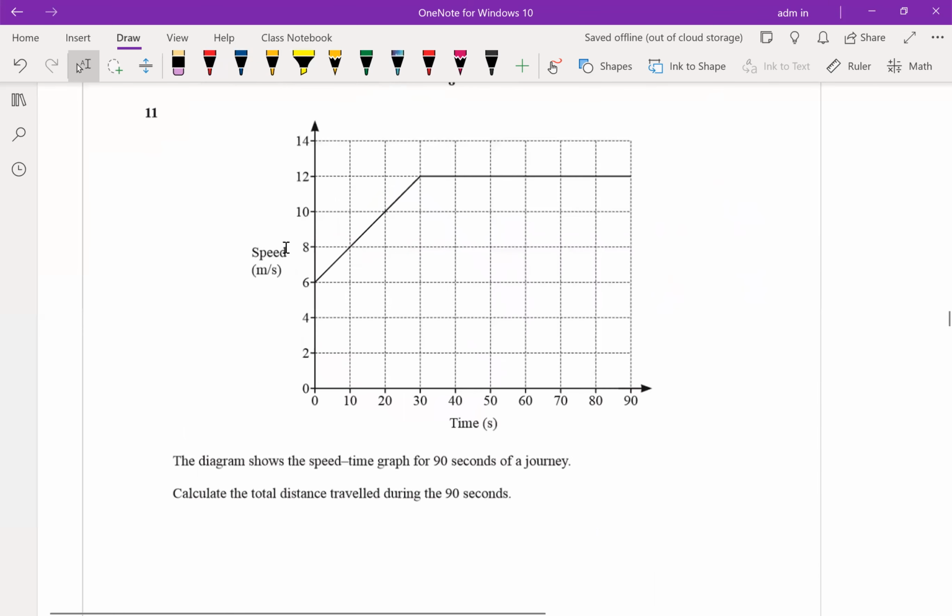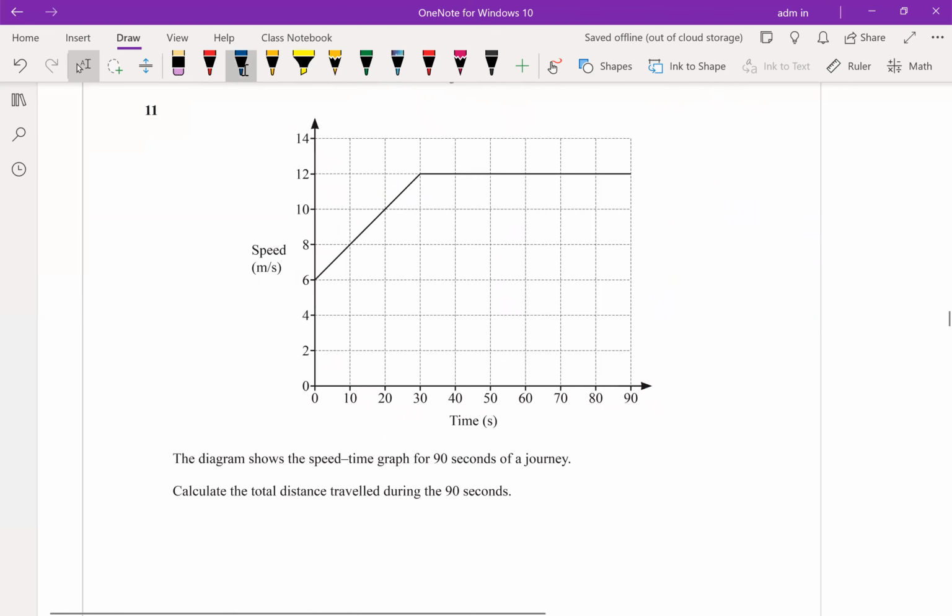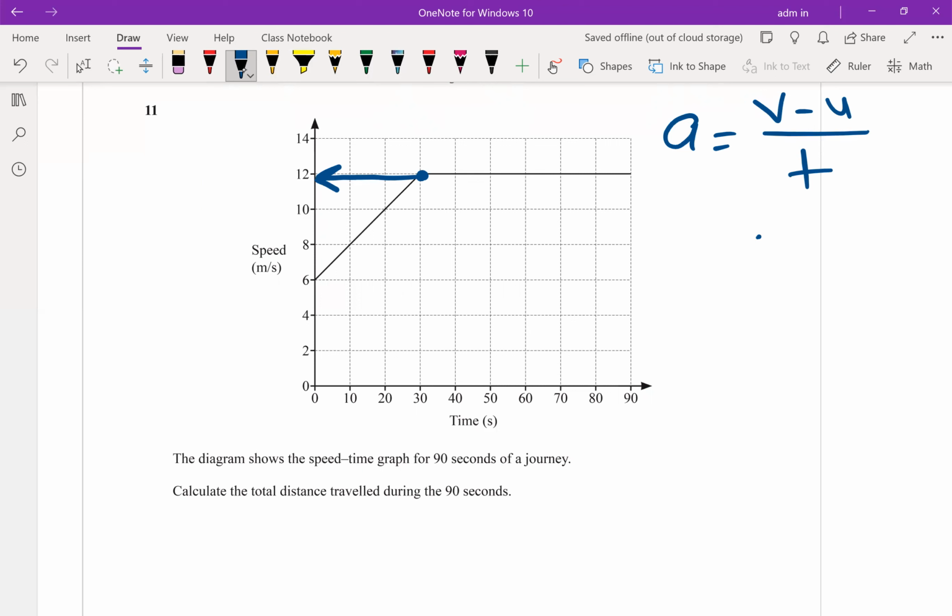Question number 11. The speed-time graph. In the speed-time graph, the gradient of this line gives you what? Acceleration. You can find the acceleration by using the gradient, or by using the equation. Who can give me the equation of acceleration? V minus U over T. V represents the final velocity, 12, and U represents the initial velocity, divided by the time taken from 0 to 30.